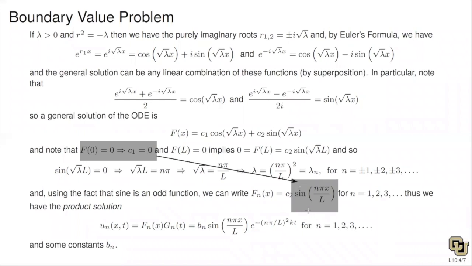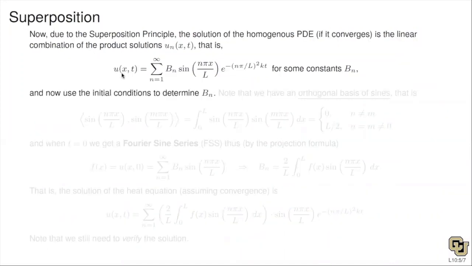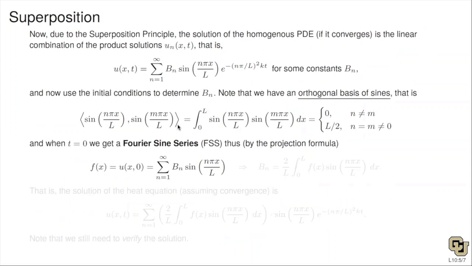And that's no problem because they're orthogonal. So using orthogonality, we can solve for b sub n. And I want you to be careful here. This formula is not exactly the same because we're not integrating from negative L to L.